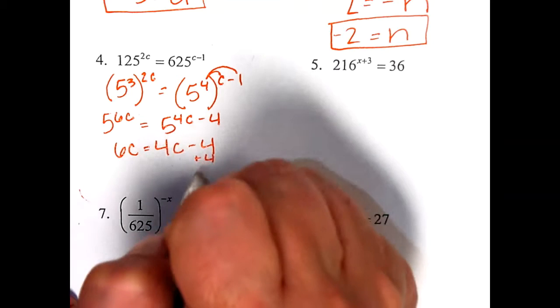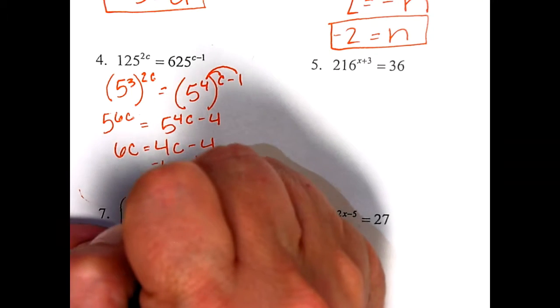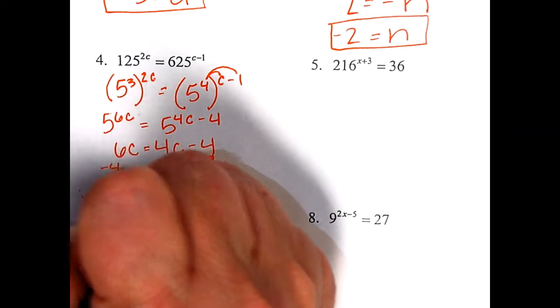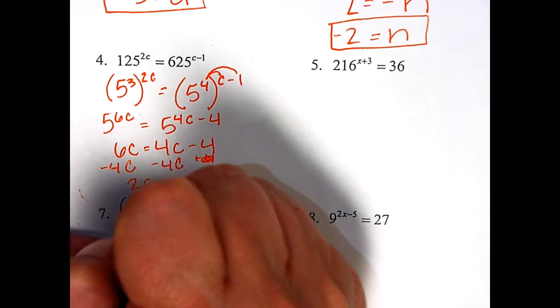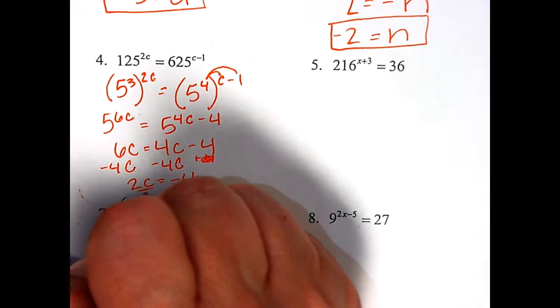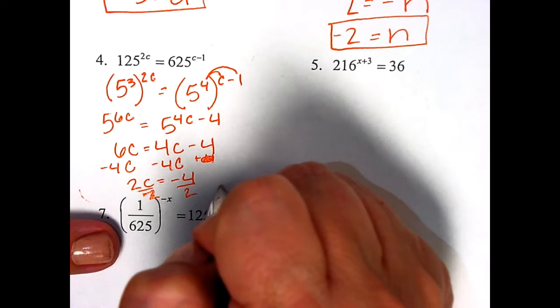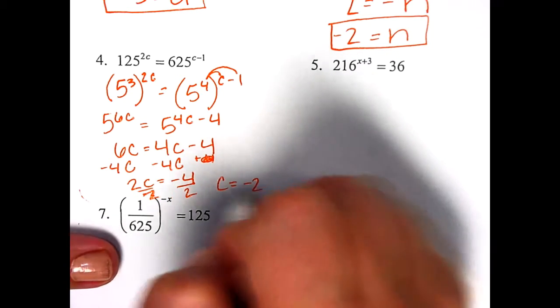So don't add 4. Subtract 4c. So I have 2c equals negative 4. Divide by positive 2. So c equals negative 2.